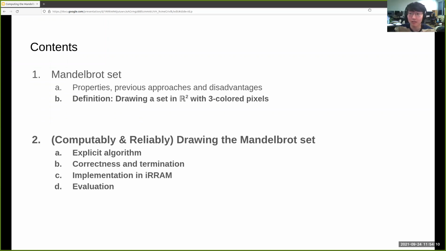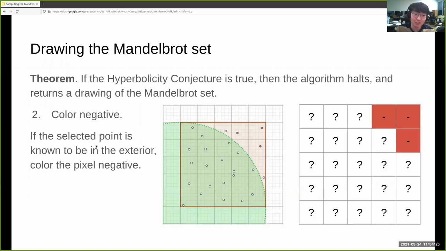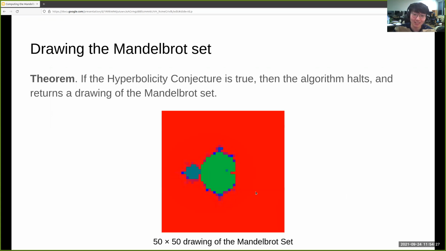The main thing I have done through this talk is that I could give a rigorous algorithm to draw the Mandelbrot set. And actually, that's it.